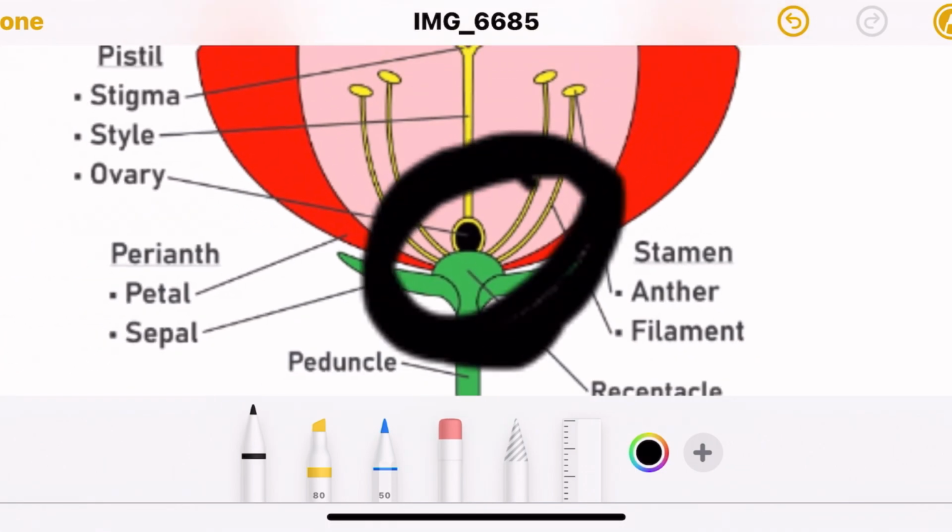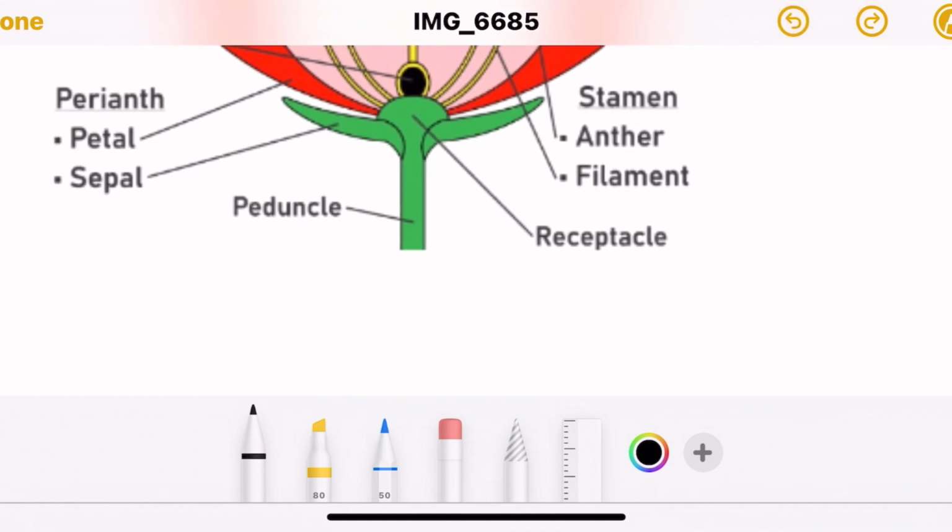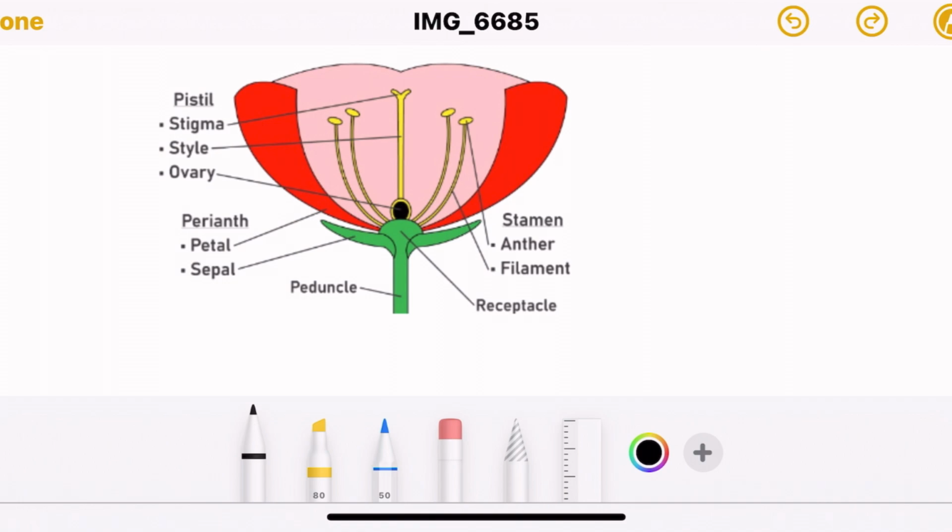Remember that the ova, the female sex cell, does not move, unlike in humans, where it gets released. In the plant, it is fixed in its position, staying in the ovule. It is going nowhere from there, so the pollen grain has to come to it.